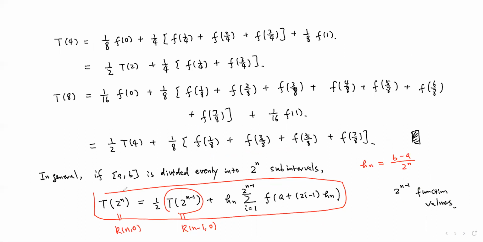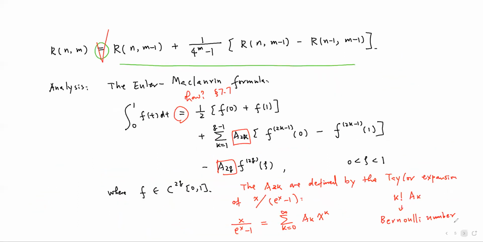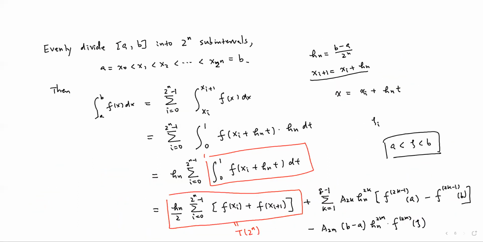Actually, T of 2^n is the composite trapezoid rule, dividing the interval [a,b] into 2^n subintervals. This part is T of 2^n. How about this part? There are many constants.